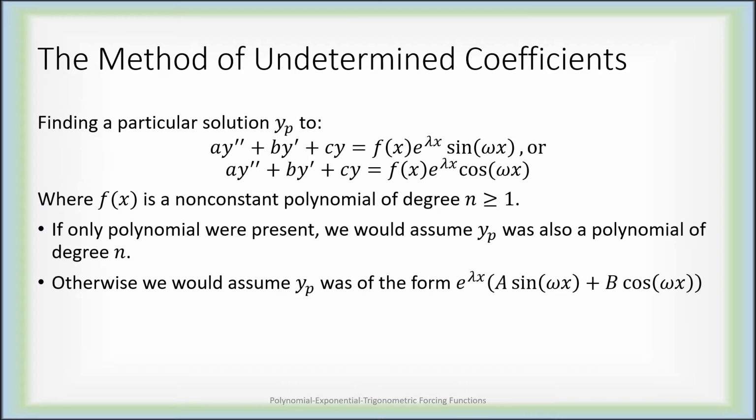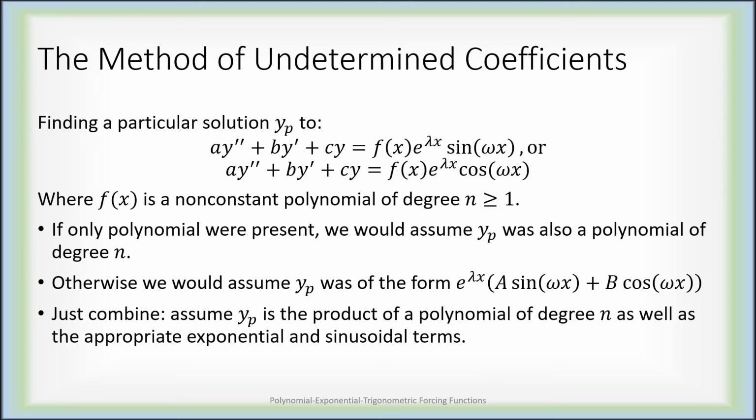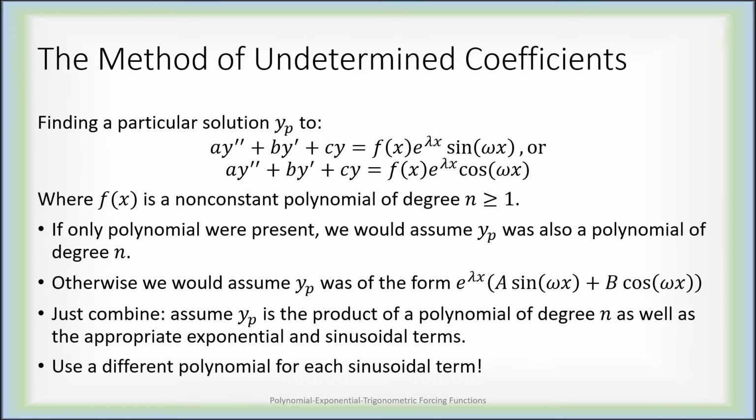Otherwise, if the polynomial weren't present, we would assume it was of the form e^(λx) and then some combination of sines and cosines. We really just combine the two techniques. Assume y_p is a product of a polynomial of degree n, along with the appropriate exponential and sines or cosines. Do be careful, every time you get a sinusoidal term, you need a different polynomial.